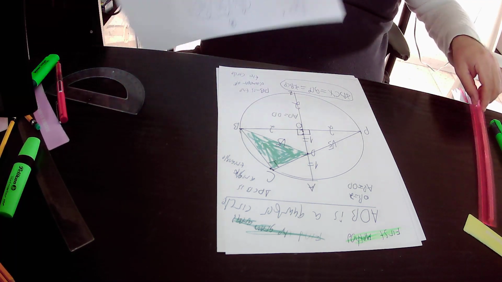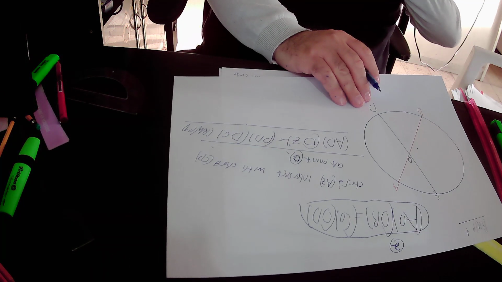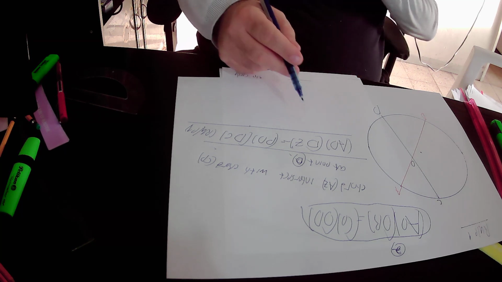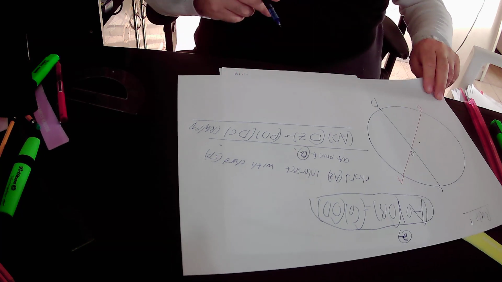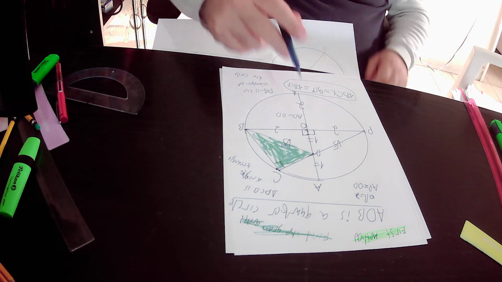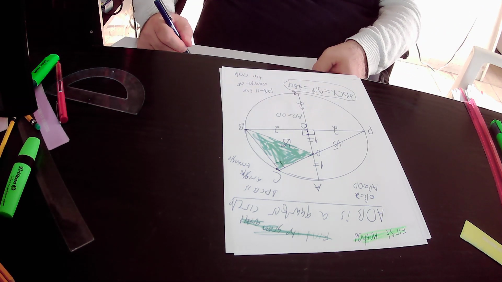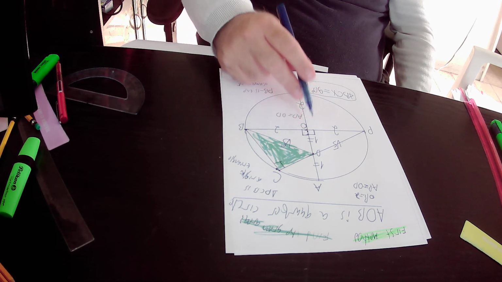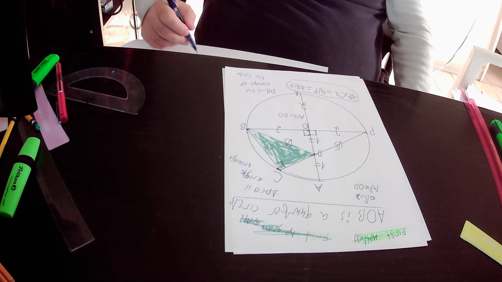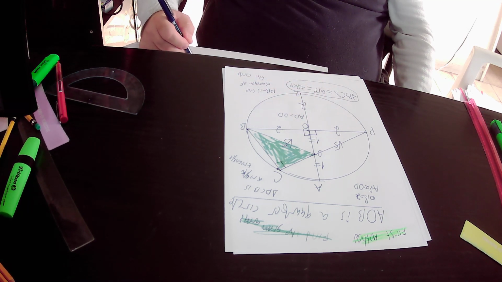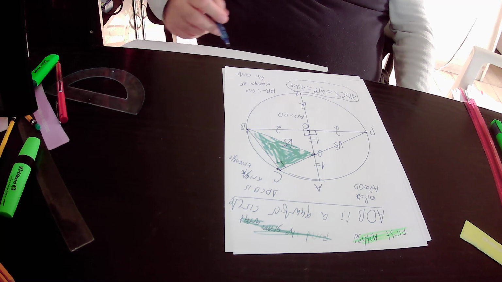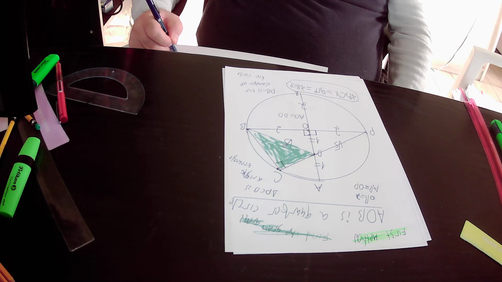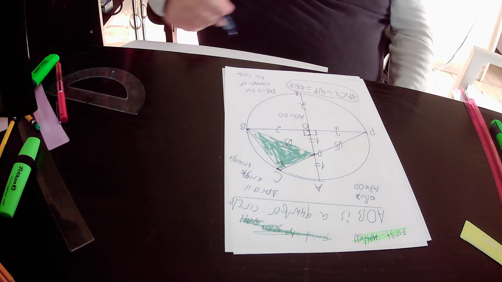I'll repeat again: according to rule number 1, AD times DZ equals PD times DC. So AD is 1, DZ is 1 plus 2, that is 3, and it is equal to PD. PD is the square root of 5 units, and DC is the missing segment.